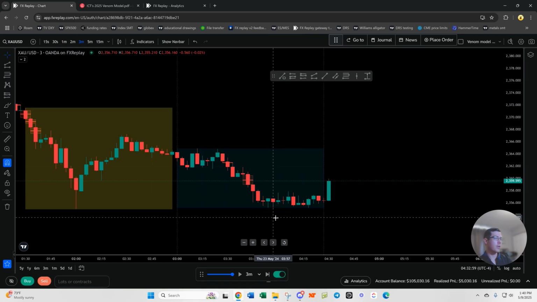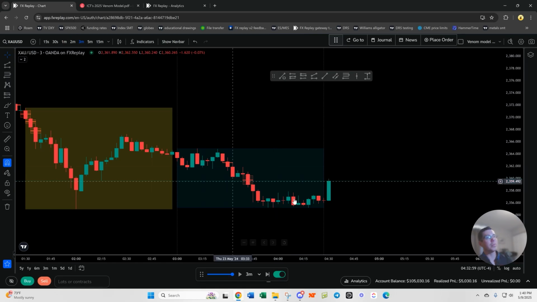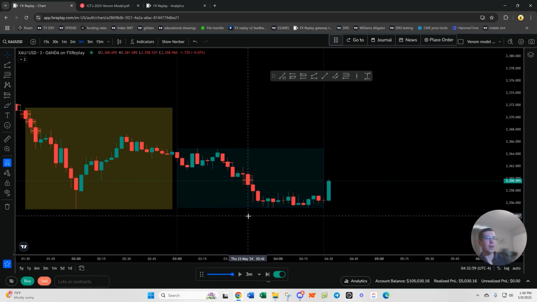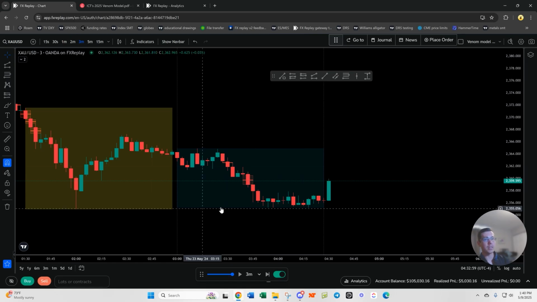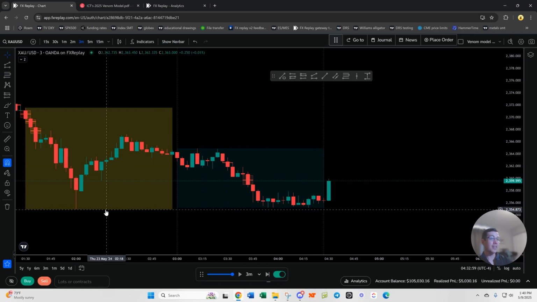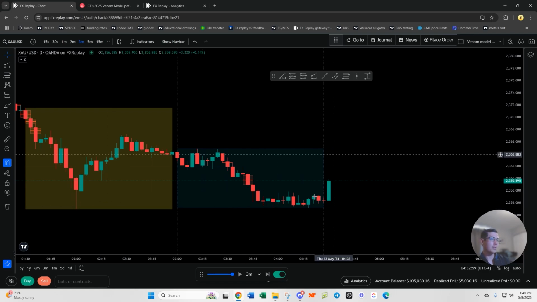That's also another form of SMT divergence, two highly correlated pairs forming different price action, and maybe it would reverse if that happened. So maybe there can be benefit to charting both of them and looking to see if that price structure happens. But for this CFD pair specifically, we never swept this low, so we don't have any trade on this day.